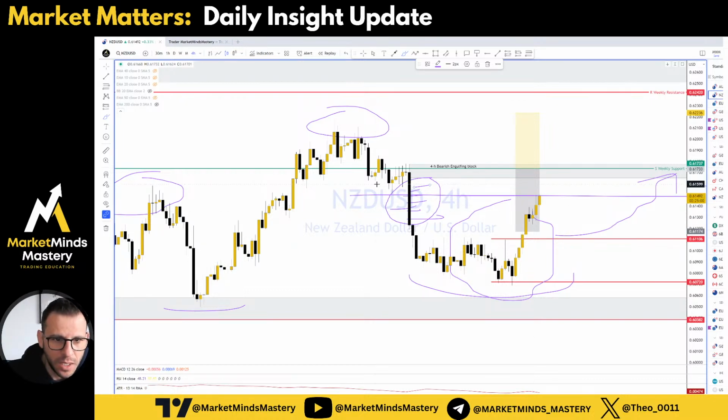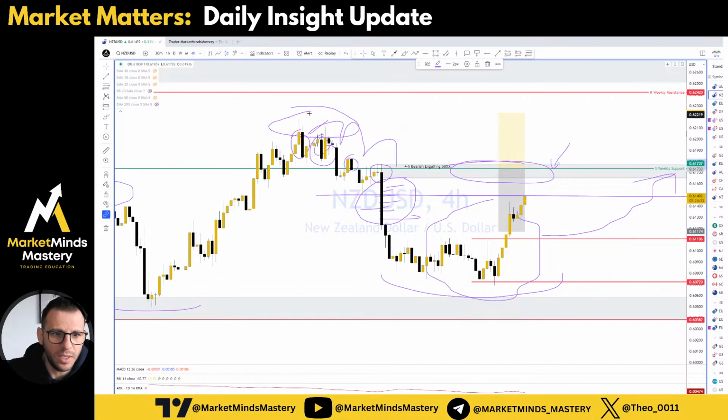Now, there are some important areas at this point here, then order block there, bearish engulfing order block, another bearish engulfing order block there, another one there, another one here. So it's a kind of interesting area, I would say, this one here. And yeah, we might be looking to get involved.